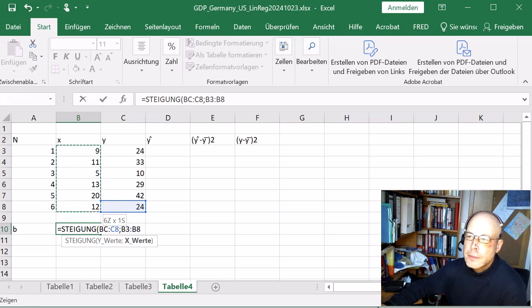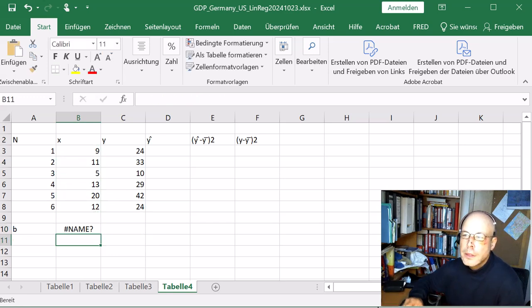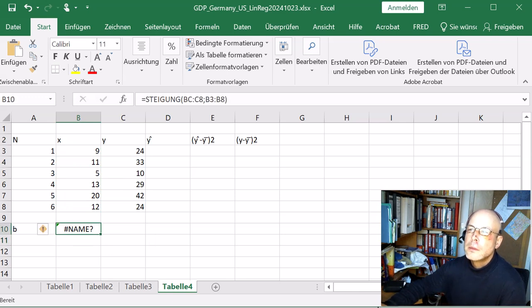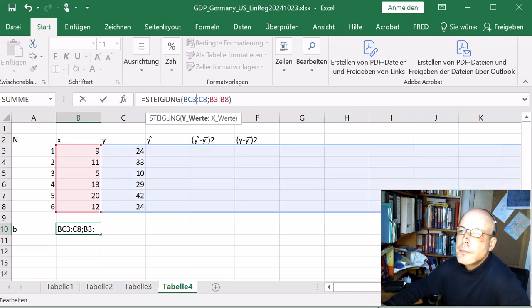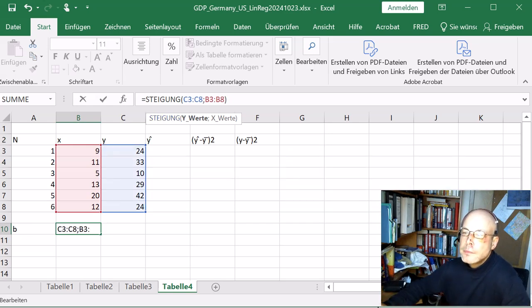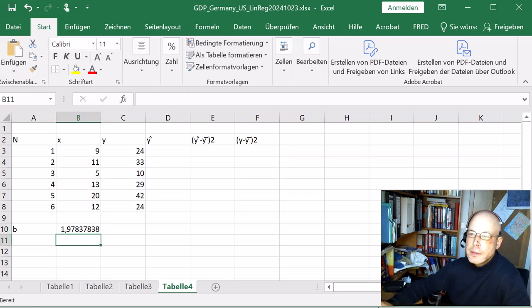Then the x values, and still something is wrong. So my syntax is, oh, C, there is a mistake. This has to be C3. Now this seems better. Yes.